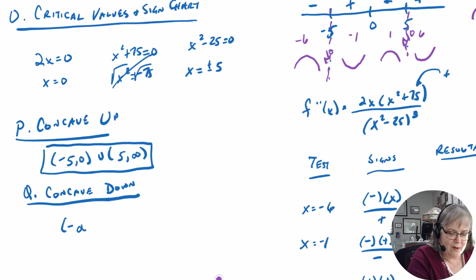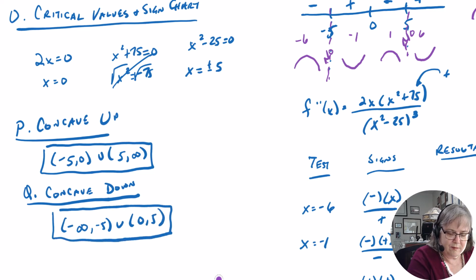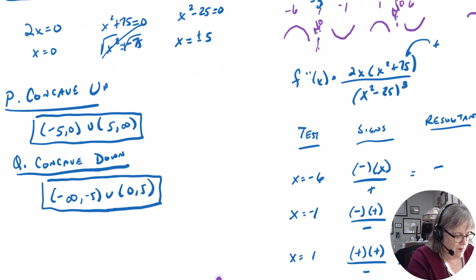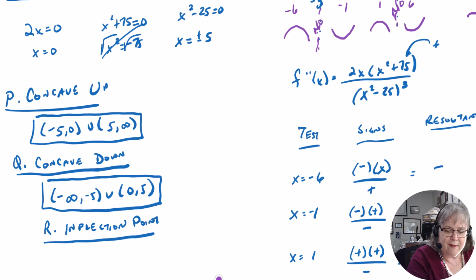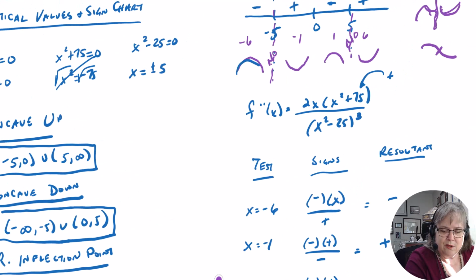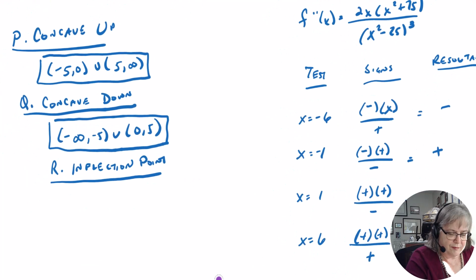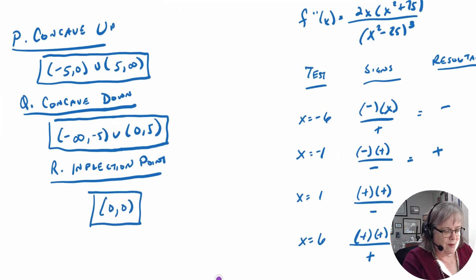So that would be -infinity to -5, and 0 to 5. And then where is there an inflection point? There is not an inflection point where the asymptotes are, even though the concavity switches. It switches on either side of a barrier, right? So there is not a point there. So the only inflection point I have is at 0, 0.